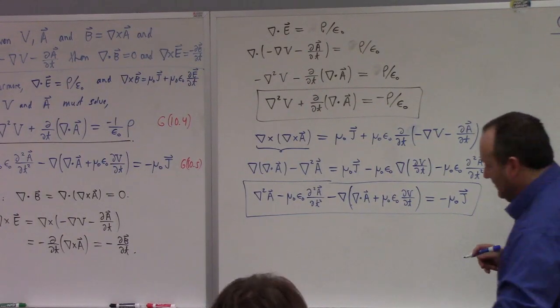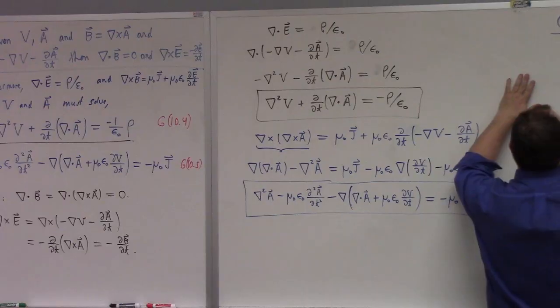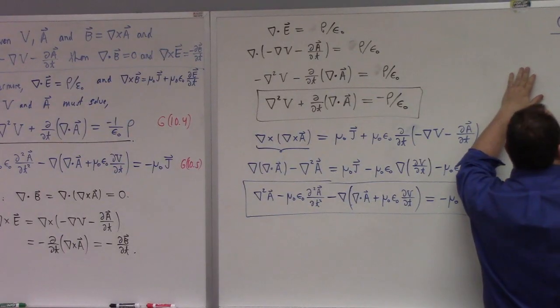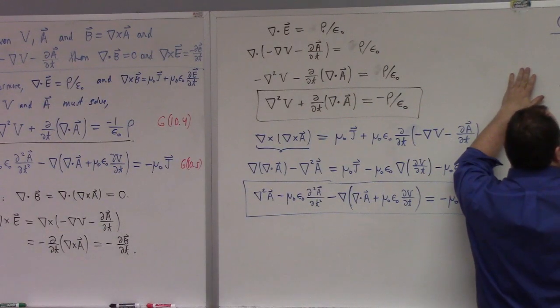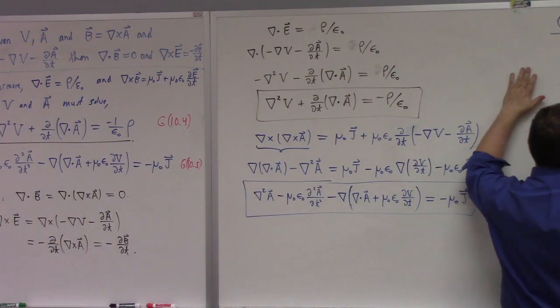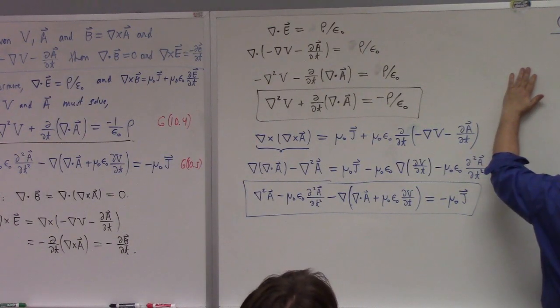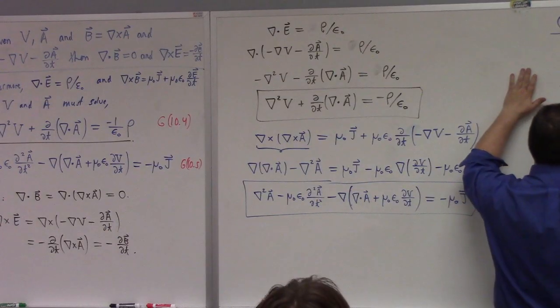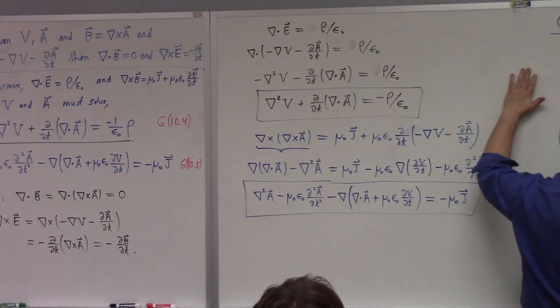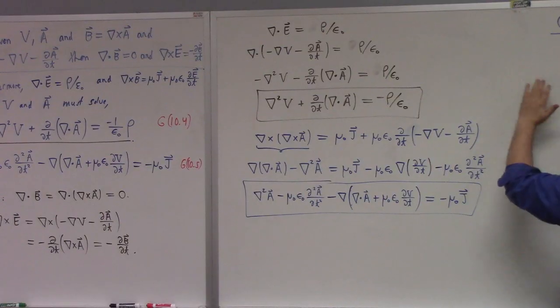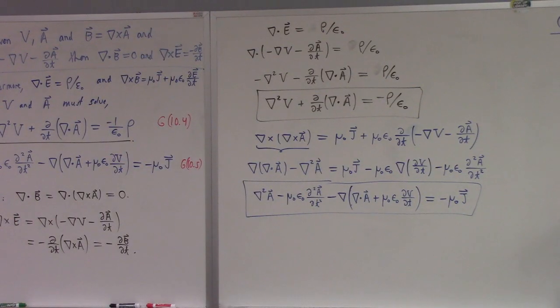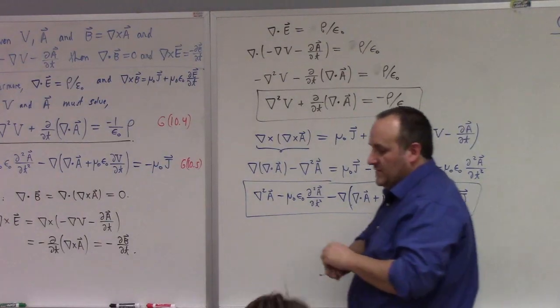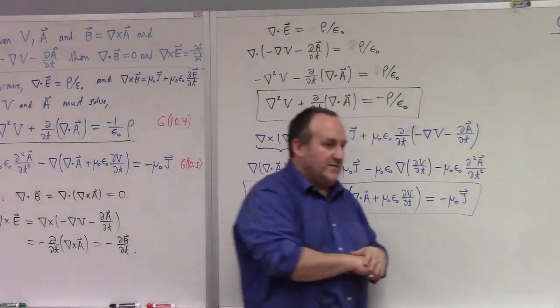To be explicit, B is equal to the curl of A, but it's also equal to the curl of A prime. And E is equal to minus the gradient of V minus partial A partial t, but that's also equal to minus the gradient of V prime minus partial A prime partial t. And I'm saying more than just that: that's the extent of the ambiguity.